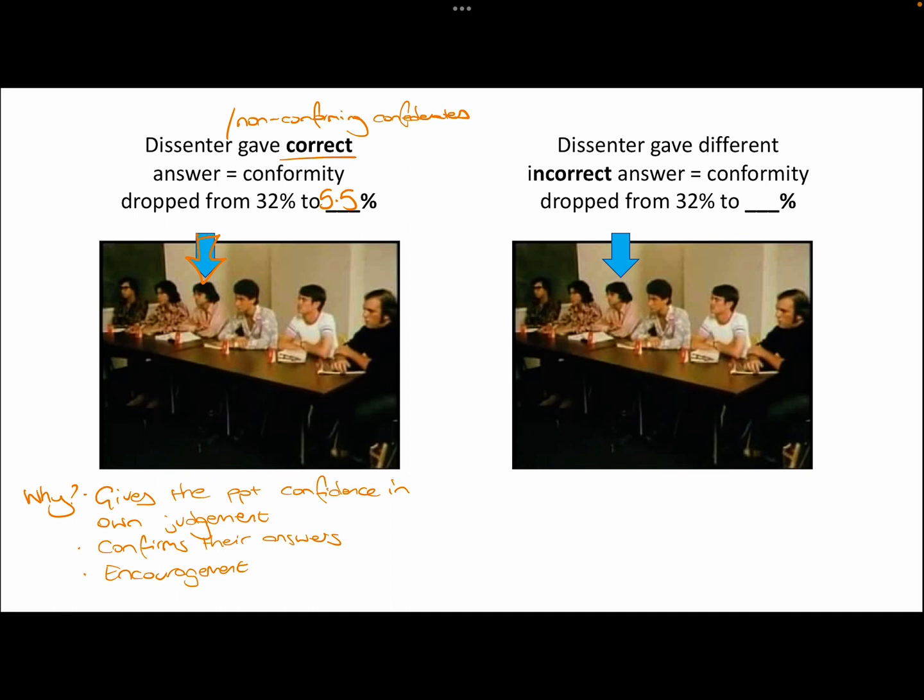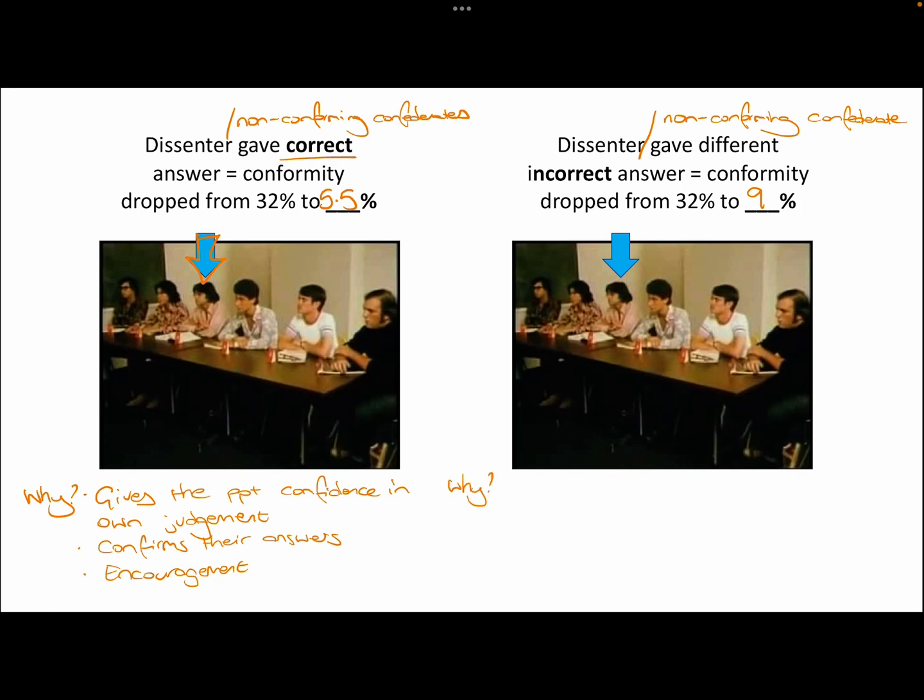I think what's interesting is when the non-conforming Confederate gave a different incorrect answer. So they didn't agree with the group, but they were wrong. In this case, conformity still drops quite significantly, from 32% in the baseline to 9% when the Confederate gives a different incorrect answer. Why is this happening?